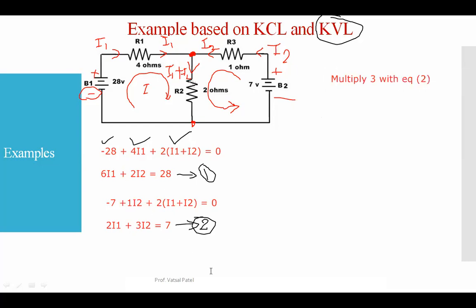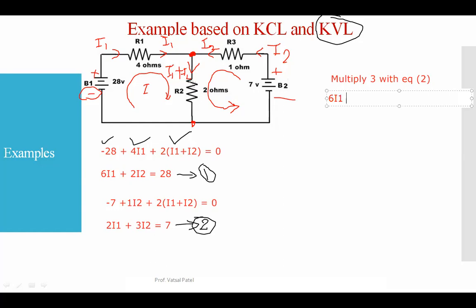Because I need to identify I1 and I2. When I multiply with the 3, it is 6I1 plus 9I2 is equal to 21. And then after, I will subtract from equation number 1. So after multiplying 3 with the second equation, what am I getting?